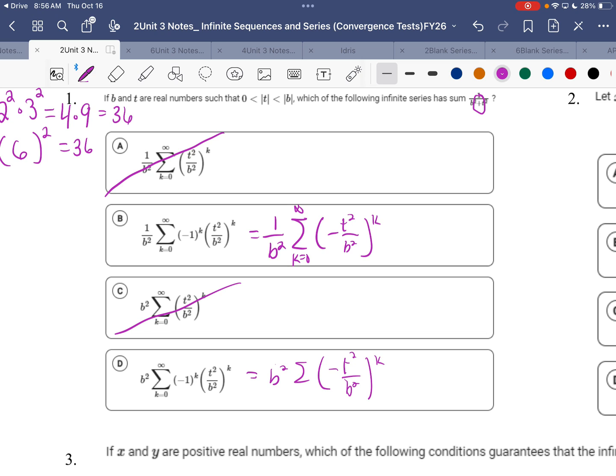I think you could just try to plug it into the sum formula. On B, the first term, A, would be 1 over b squared times negative t squared over b squared to the 0. Anything to the 0 power is 1, so you still have that 1 over b squared.